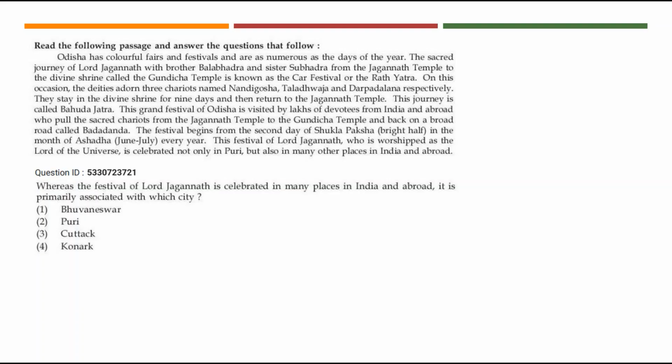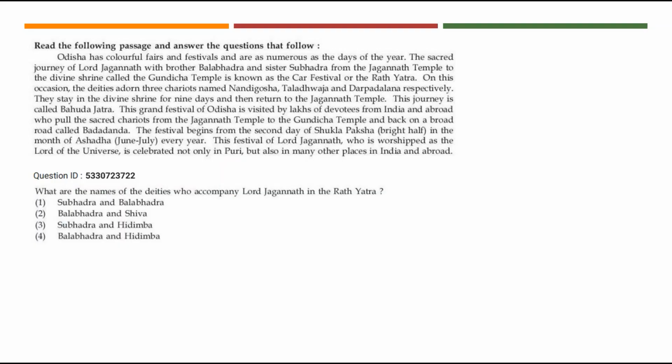Whereas the festival of Lord Jagannath is celebrated in many places in India and abroad, it is primarily associated with which city? It is actually called as Puri Jagannath temple. So it is associated with option number 2, Puri. Next question. What are the names of the deities who accompany Lord Jagannath in the Rath Yatra? So here they have told the sacred journey of Lord Jagannath with brother Balabhadra and sister Subhadra from Jagannath to the Gundicha temple.